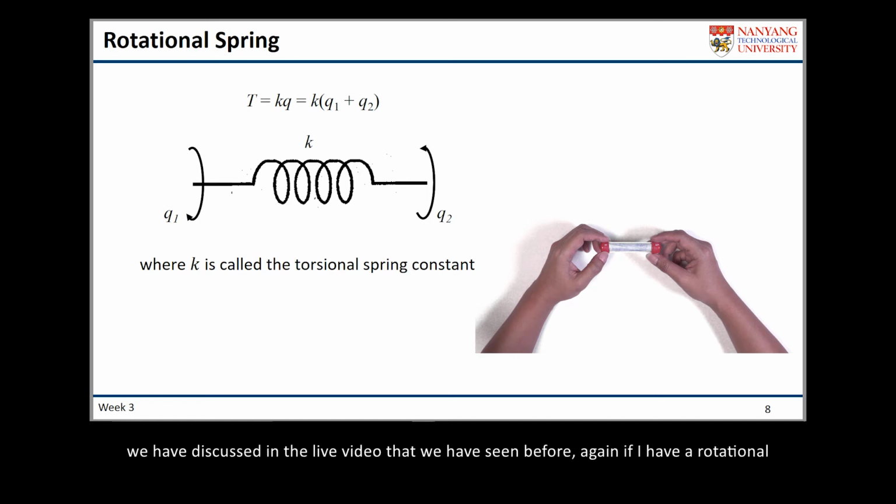Okay, as we have already discussed in the live video that you have seen before. Again, if I have a rotational spring, as you can see in this drawing on the left side of this slide, the left end of this shaft is twisted in the clockwise direction and the right end is twisted in the counterclockwise direction, which means the shaft has a relative deformation.